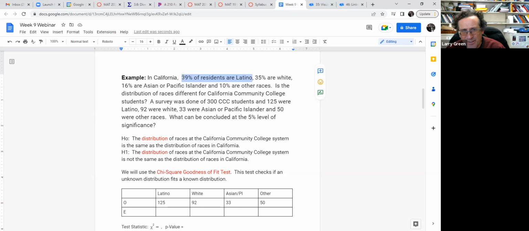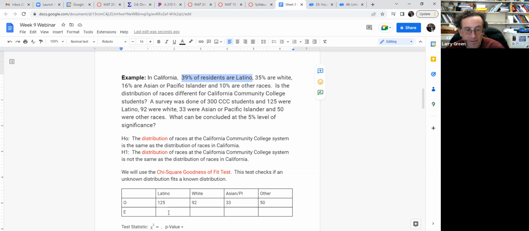So if you expect 39% of the 300 people to be Latino, how many people would you expect to be Latino? How do you get that? What basic math do you have to do? Yeah, you take 0.39 times 300 and you get 117.